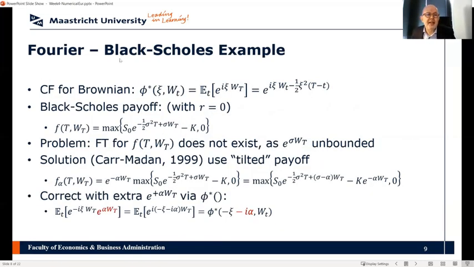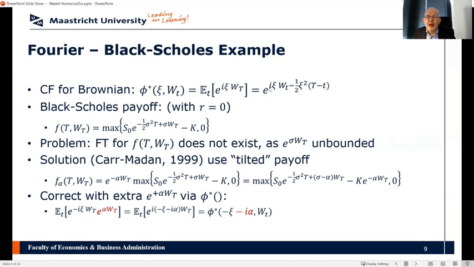So let's take a look at an example, because this is an unusual way of thinking about expectations and doing integrations. If I have a Brownian motion, then this has a normal distribution. So W, the Brownian motion at time capital T, is a normal variable with mean W small t and with variance capital T minus small t. And we know the characteristic function for a normal density explicitly.